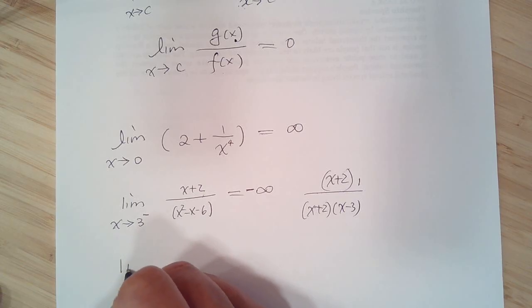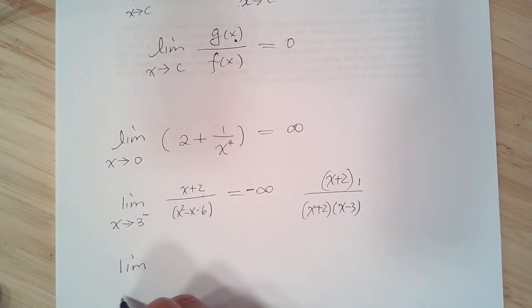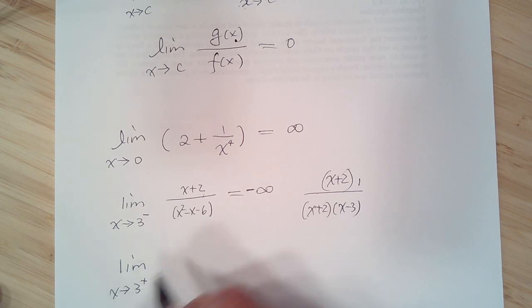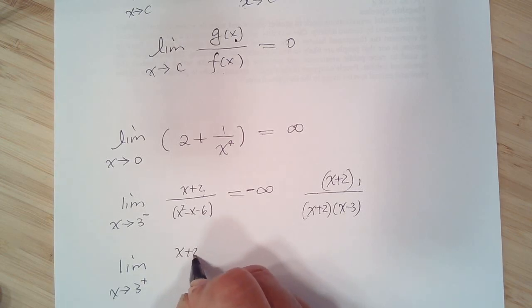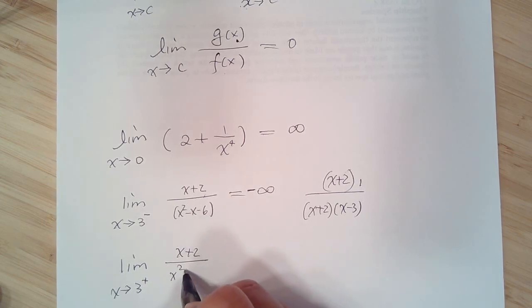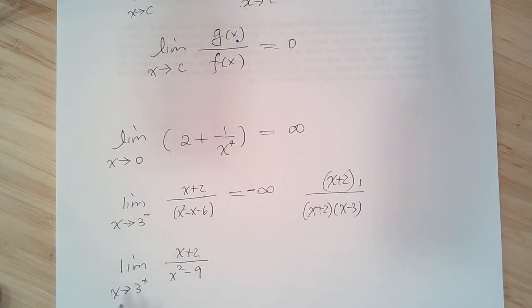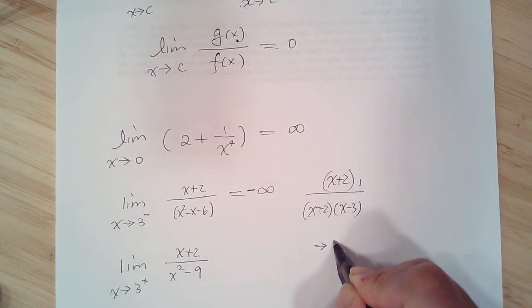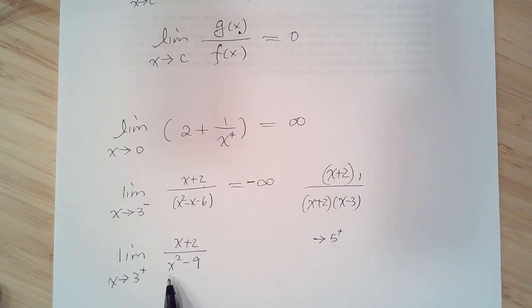So next one. Limit as x approaches 3 from the positive side of x plus 2 over x squared minus 9. Now x approaches 3 from the positive side, the numerator x plus 2 will approach 5 from the positive side. But look at the denominator. x is approaching 3 from the right side.